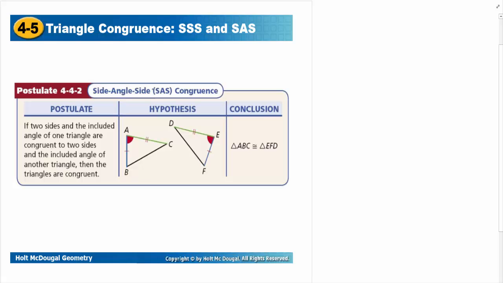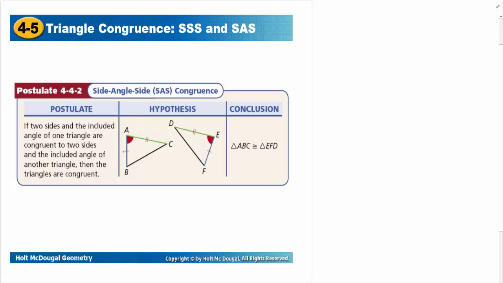Again, side, angle, side does not mean that you just have two random angles and a side congruent. The angle has to be included in between the two sides. It's not angle, side, side, or side, side, angle. It's side, angle, side. The order that they list it matters.